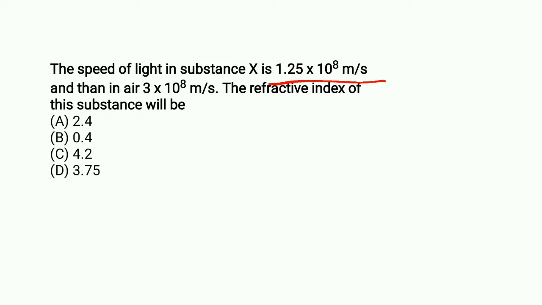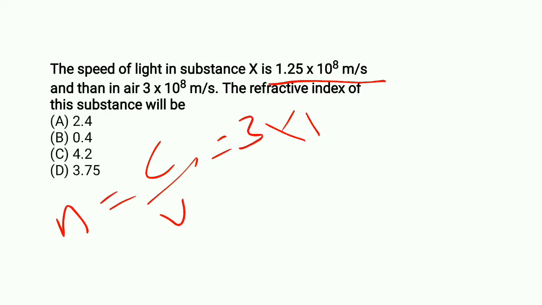For this we have the absolute refractive index formula, N is equal to C divided by V. The speed of light in air is 3 into 10 raised to 8 meter per second, divided by the speed of light in the substance.